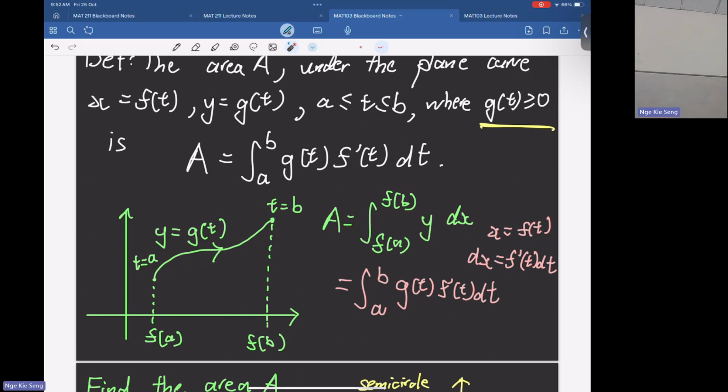What I want to get now is an area. Then you ask yourself, if I want to bound an area, should my area be negative or positive? So we choose this convention to define this as our area.